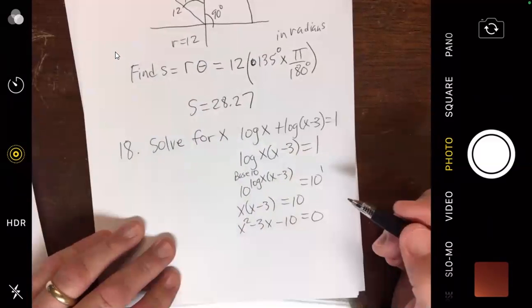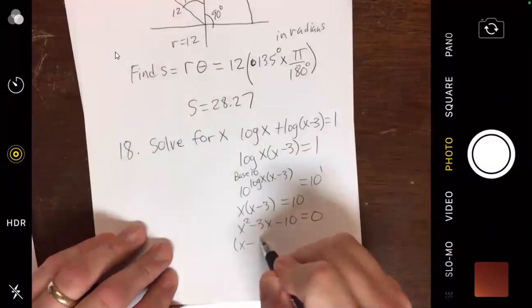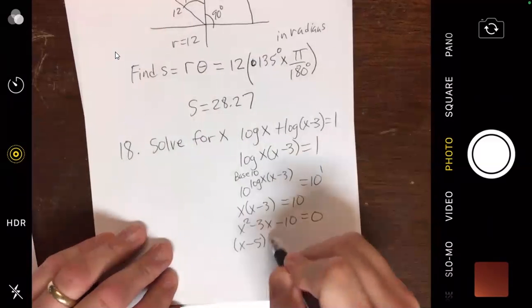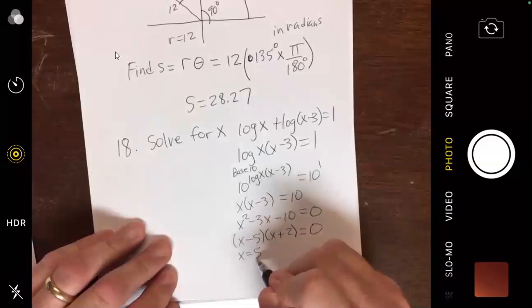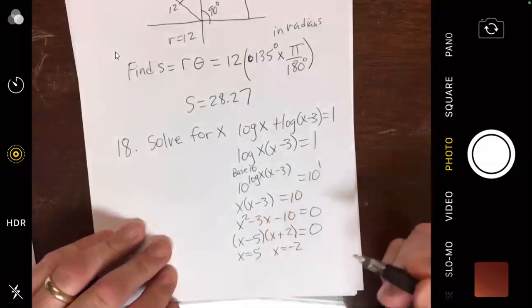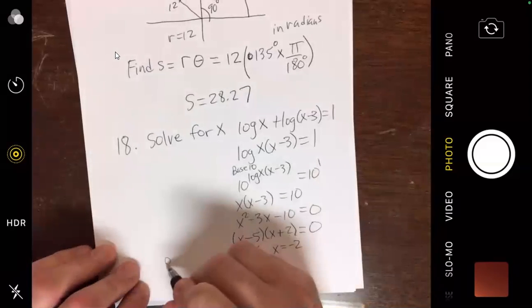If you remember your factoring, that'll go x minus 5 and x plus 2. So 5 and negative 2.